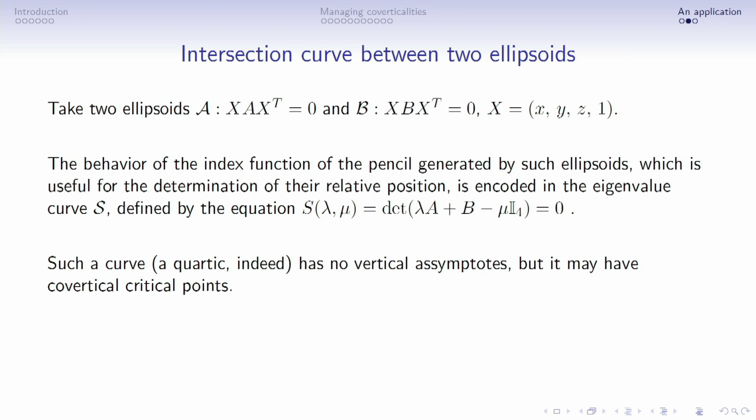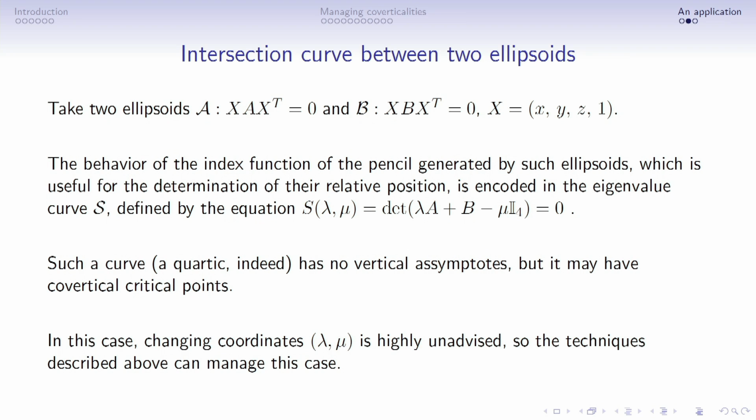A priori it can admit co-vertical critical points, and in this case, changing coordinates misses some information that is interesting for us in order to compute the relative positions of the two ellipsoids.